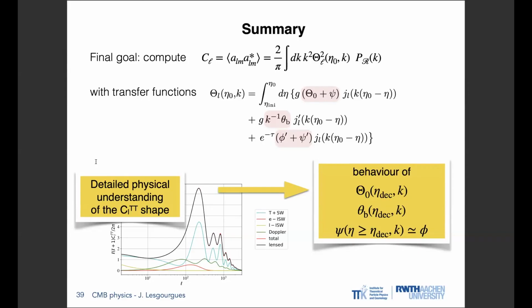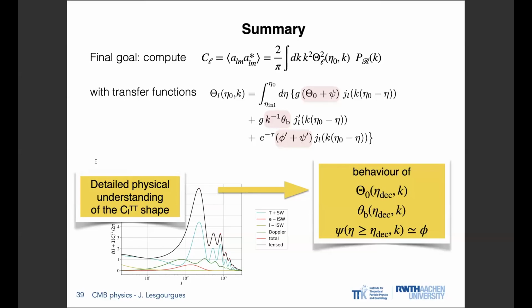And you remember, in each term, you get a function telling you when the effect is important, then the transfer function of the quantities that really produce the photon anisotropies, and then this projection kernel, which projects a Fourier mode of wave number k living at time eta onto an observable multipole L. And so in summary, what we need to understand if we want to get to the C_Ls are exactly four transfer functions.